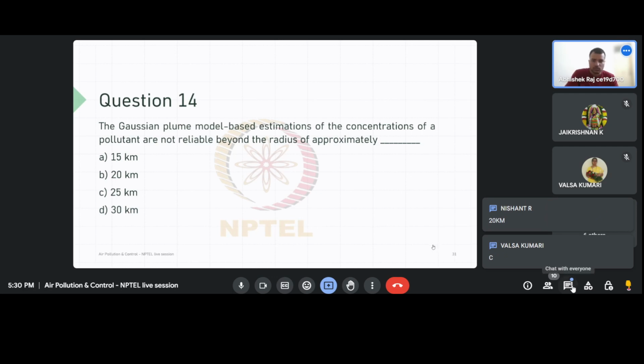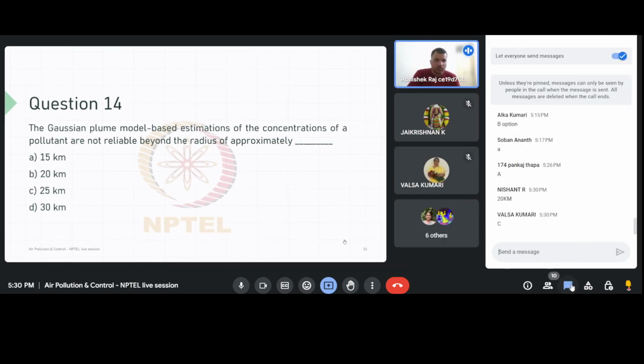Someone is saying 20, someone is saying 25.